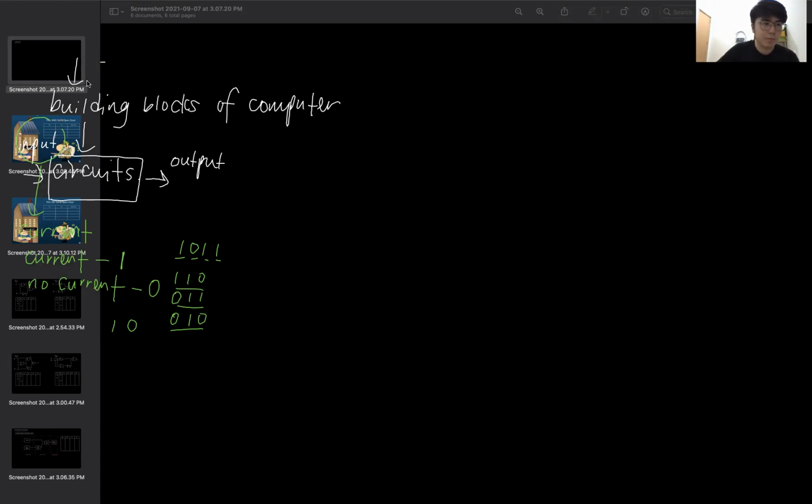Wait, something's wrong. Let me clear this. Let me go to the next page. Now, to understand logic gate, I'm going to tell you a short story. Let's go to the next page. I think something's wrong with my screen. Let me reshare the screen. Sorry. Let me reopen the file.